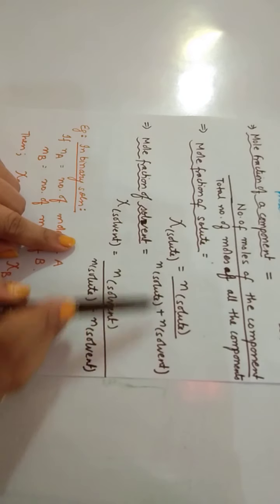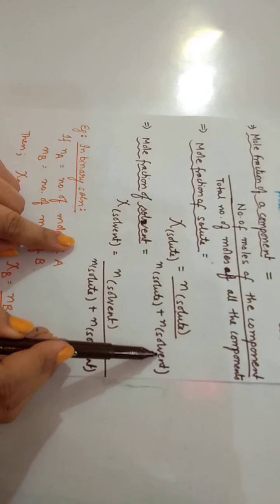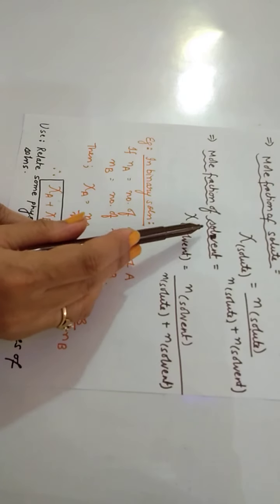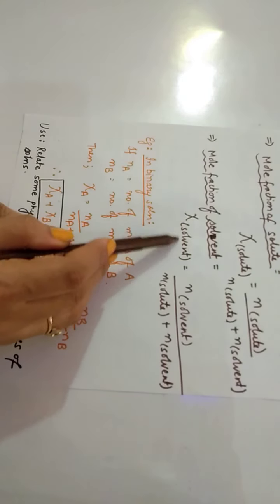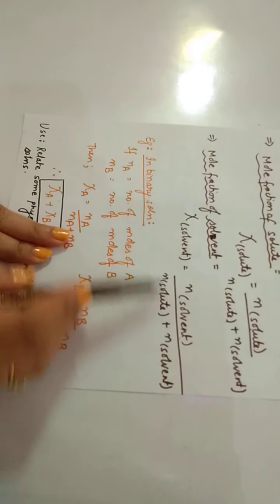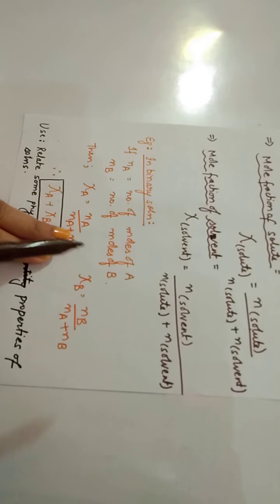The components are solute and solvent, so number of moles of solute plus number of moles of solvent. In the same way, if you want to find out the mole fraction of solvent, then it is represented by this symbol. Mole fraction of solvent is equal to the number of moles of solvent divided by number of moles of solute plus number of moles of solvent.